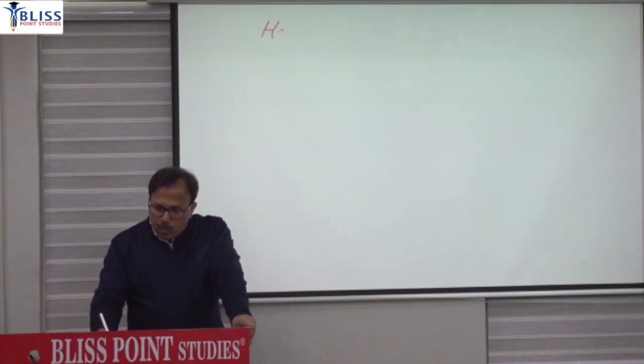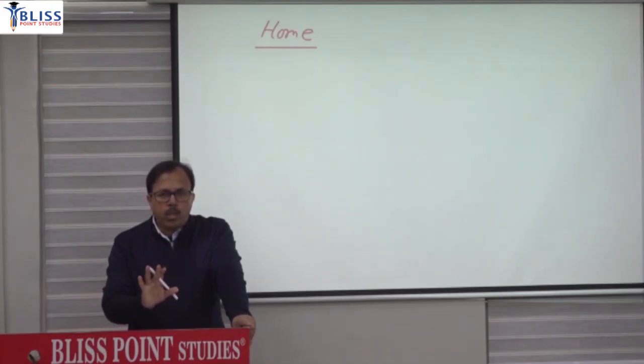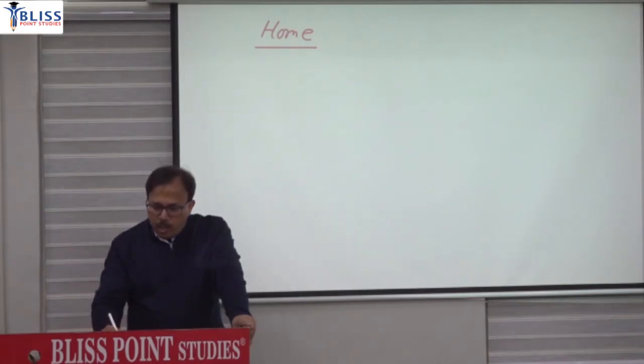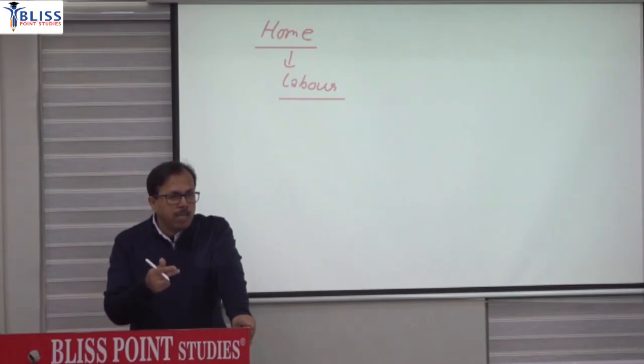Since this model has to be explained and elaborated further, now come to this topic again. Suppose again I am referring to only the home country. We will use the home country, and generalize it for the foreign country. Now the home country has only one factor of production, and that factor of production is labor. Remember, labor is free to move from one industry to another industry, but labor cannot move from one country to another country.